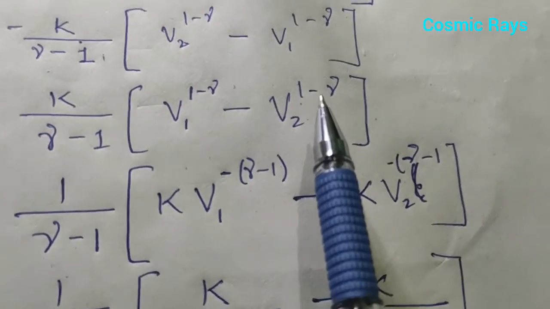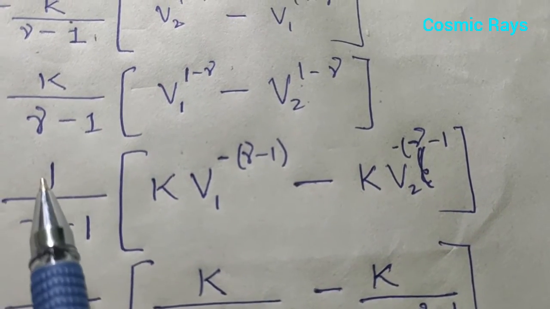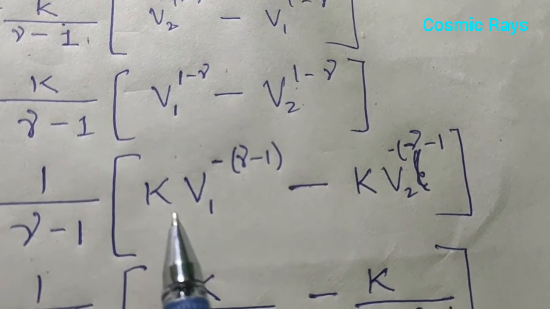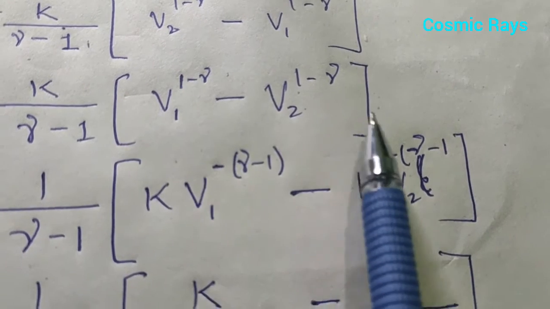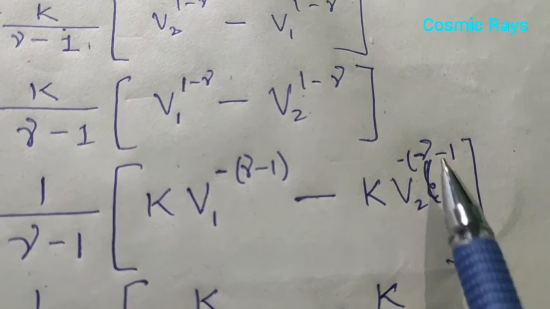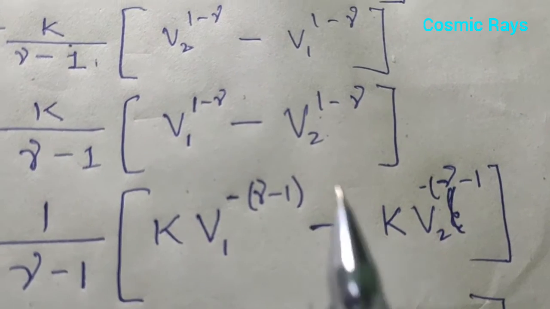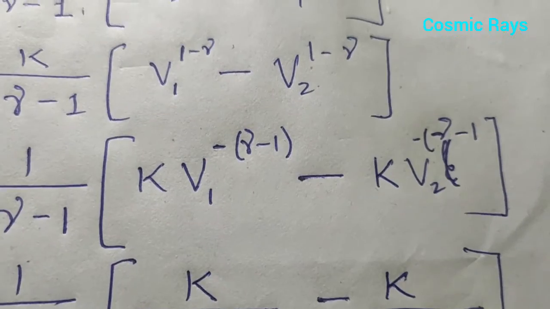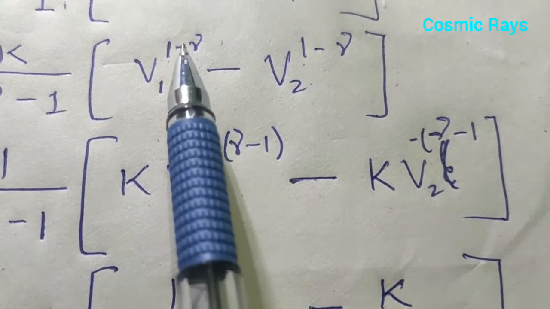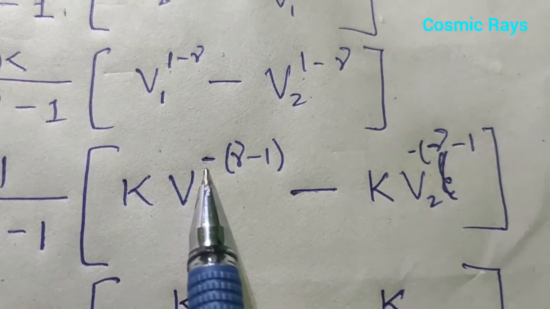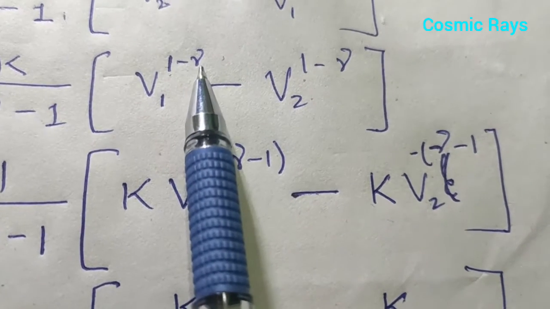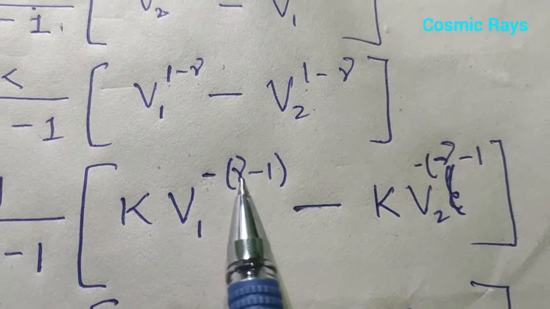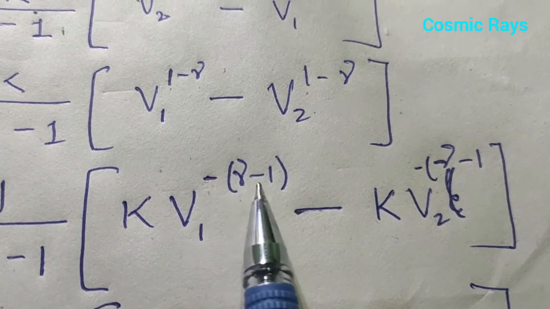Now this term remains as it is. Here we have multiplied the K inside, so it becomes K V1 to the power 1 minus gamma minus K V2 to the power 1 minus gamma. Now we have multiplied the K inside, and it was 1 minus gamma, so we have taken minus common. If we take minus common, gamma becomes positive and 1 becomes negative. So we alter the terms again. Taking minus common, it becomes gamma minus 1.